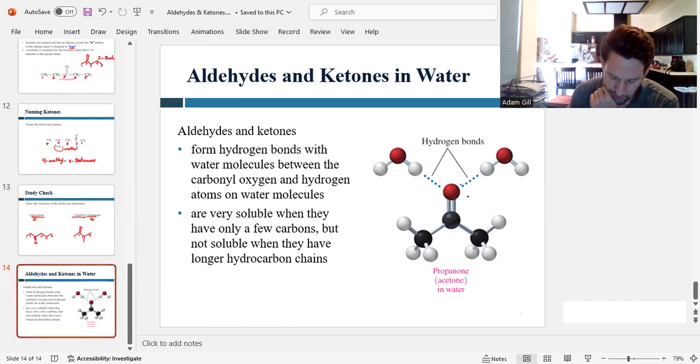So there's lone pairs on the oxygen here, and those lone pairs are pointed directly at the hydrogen. And so it lines up with the partial positive of the hydrogen side and the partial negative of the carbonyl. And so you get that opposite charge attraction hydrogen bond here.